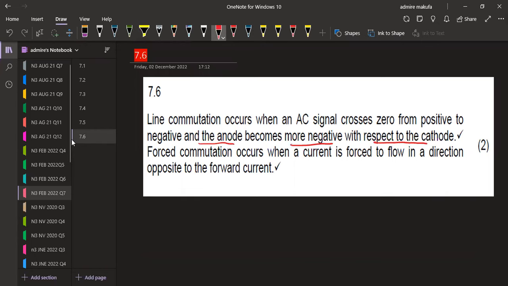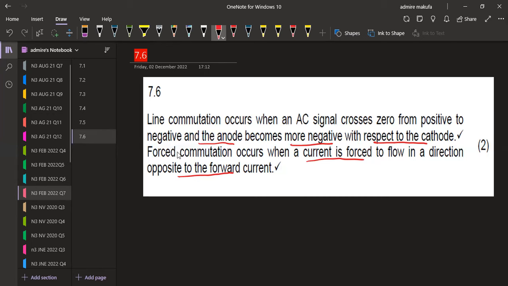For a forced commutation, it occurs when a current is forced to flow in the direction opposite to forward current. It's actually a forced thing that we don't want, that we know it cannot happen, but we are forcing current to flow in the opposite direction. Just imagine. So that is a forced commutation in this case.